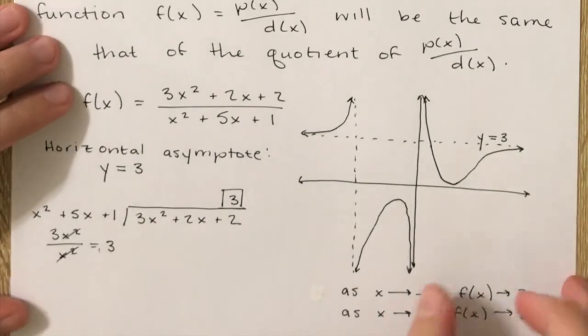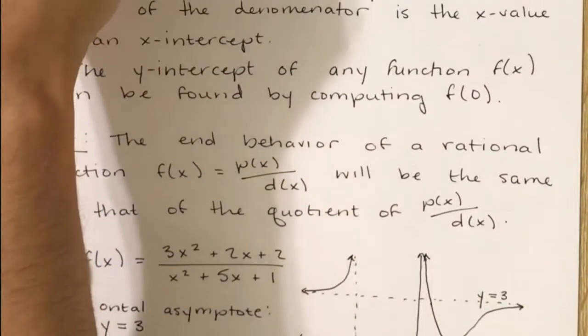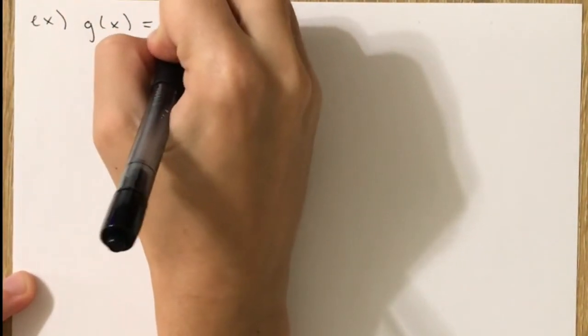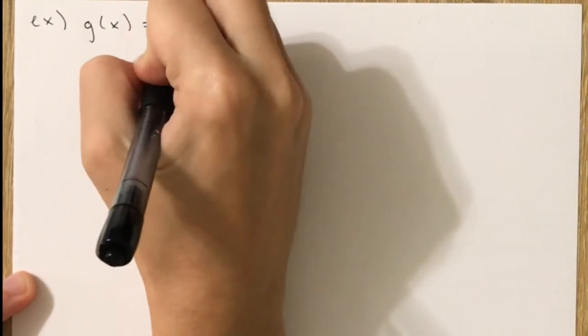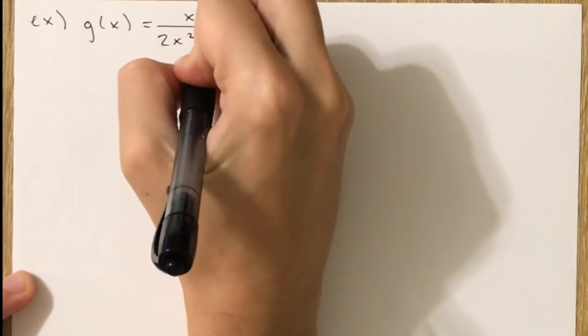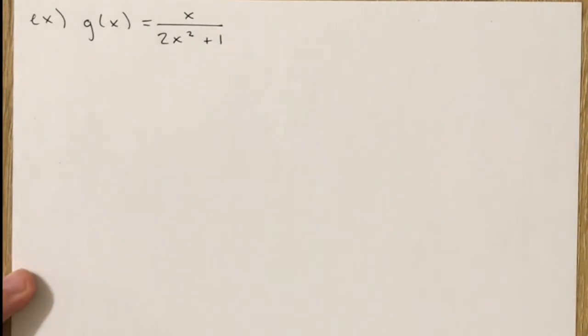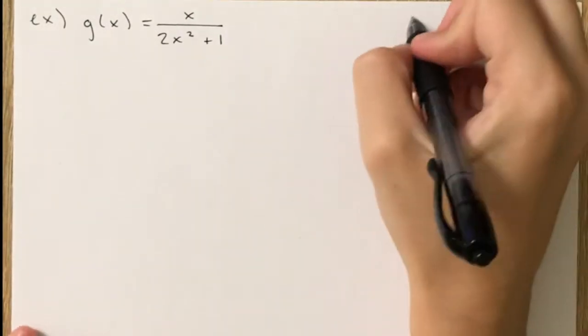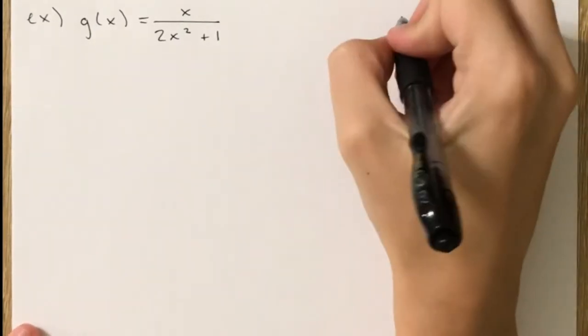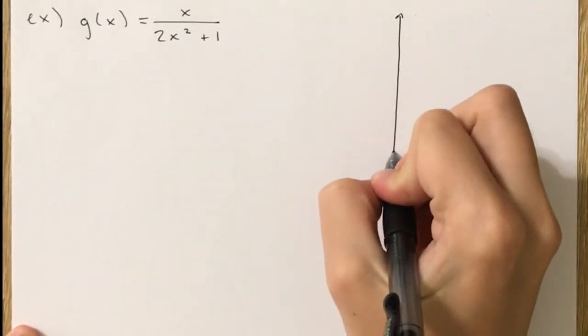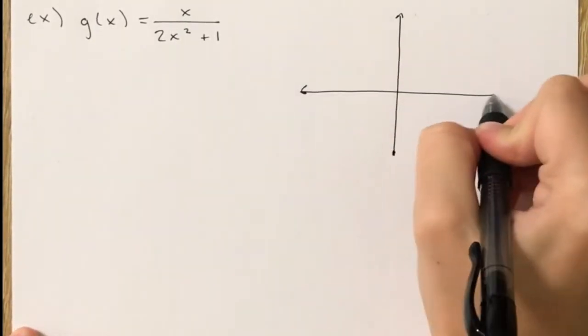Let's do another one. Let's say we're looking at g of x equals x over 2x squared plus 1. What does this function look like? Well, I'll graph it here.